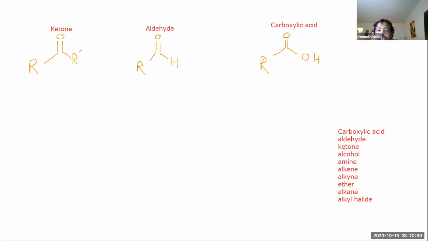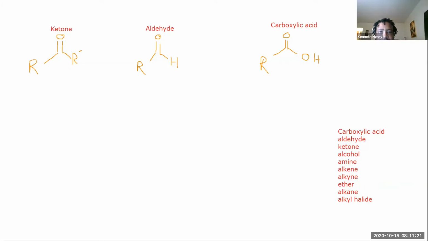So what do all of these guys have in common? The oxygen. The oxygen is bonded to whom and what type of bond is it? Double bond. Double bonded to what?